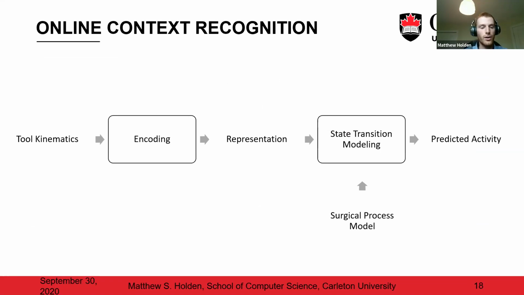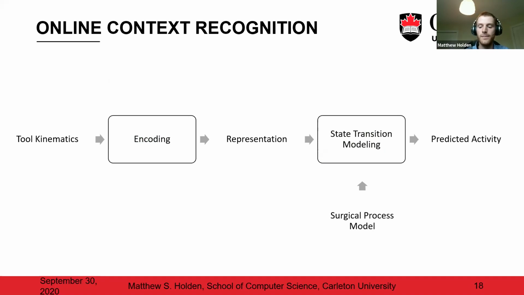So we try to encode this time series as a vector or some sort of symbolic representation. Then once we have this encoding of our tool motion, we can combine our surgical process model with some sort of state transition model in order to predict an activity based on the sequence of representations that we observe throughout an intervention.